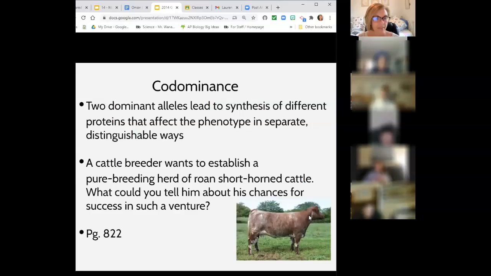So they didn't blend together and create a pink cow, but some of the hair showed up one way and some of the hair showed up the other way. Sickle cell is like this. If you have sickle cell trait, if you're heterozygous for sickle cell, not all of your cells are sickled. Some of them are normal and some of them are sickled. Okay, if you have AB blood, your blood has both the A protein and the B protein. So they would both show. They don't blend together and create something new.